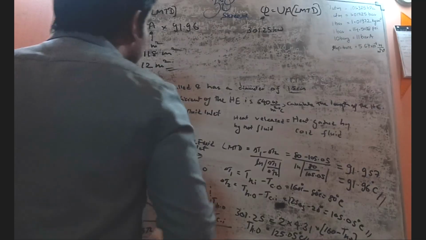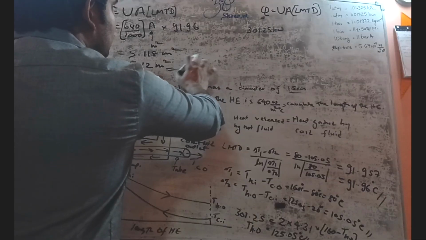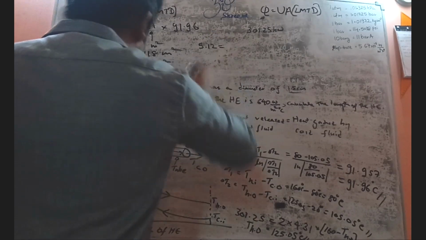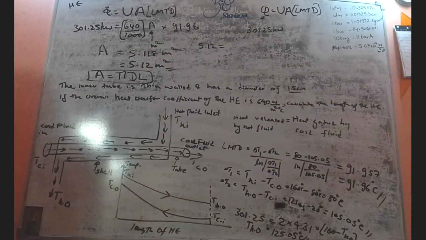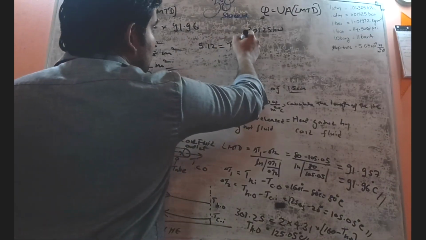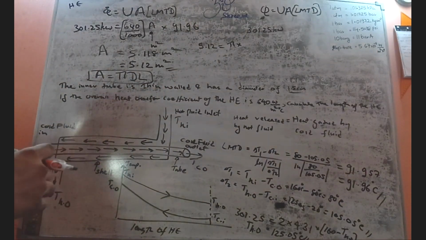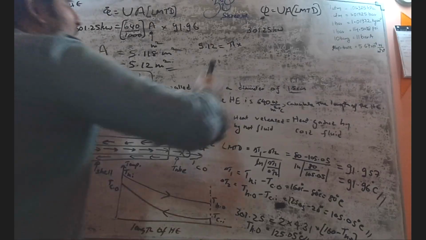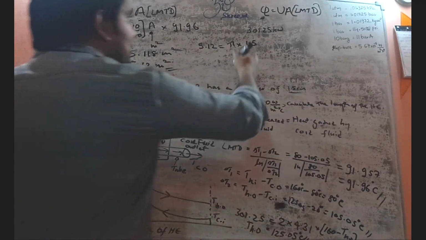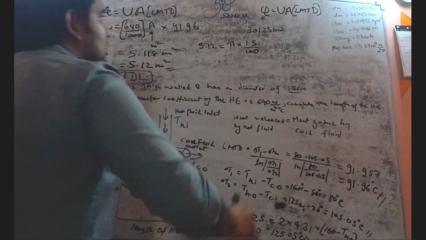That is 5.12 meters squared, equals pi times the diameter of the tube. The diameter is given in centimeters, so 1.5 we have to keep in meters, so divide that by 100, times L.